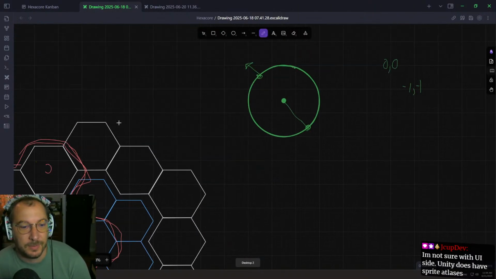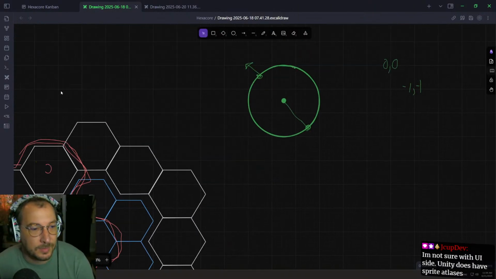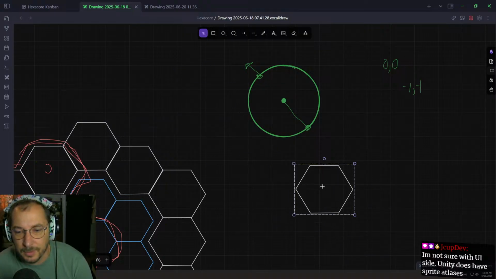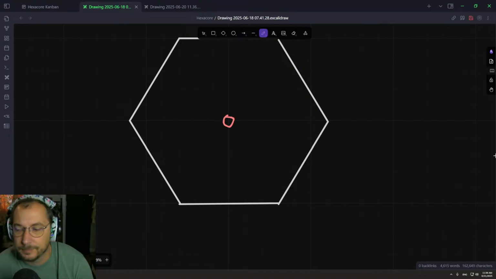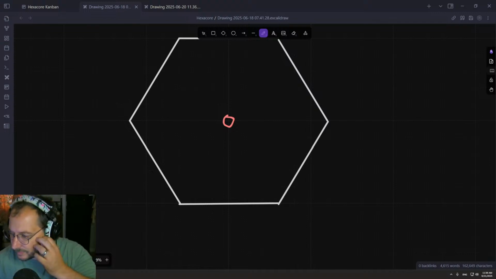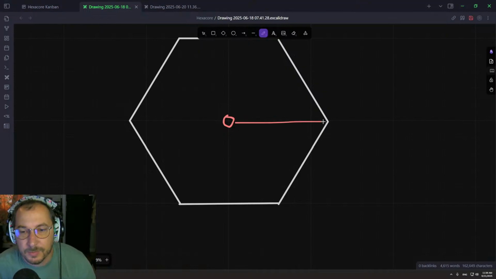Here's the other thing we have to do. So let's say we have a hexagon. When we're doing the outline, we need to start from here, and from the same, what's the term? Is it radius? Or is it circumference? Straight line from the center. Yeah. So the radius.